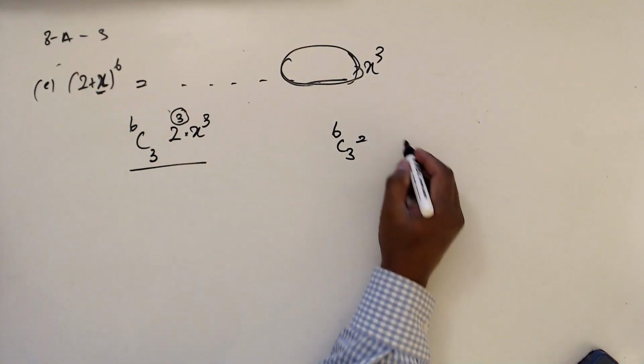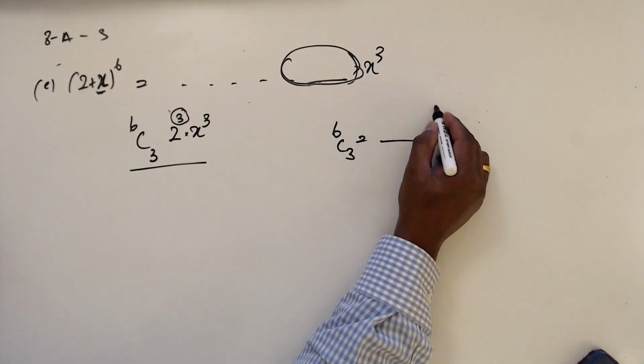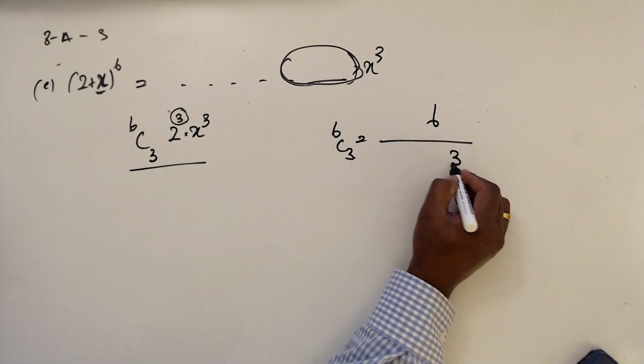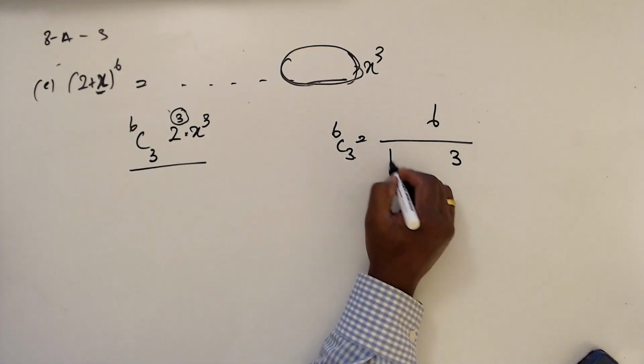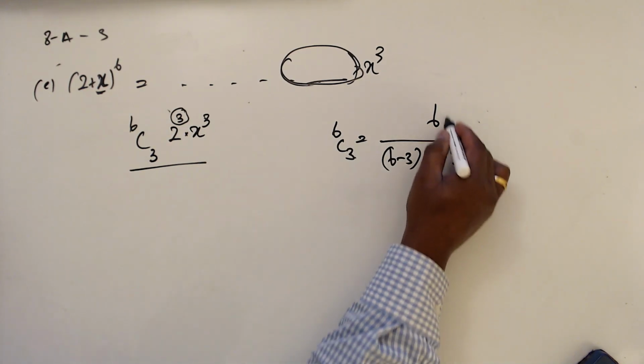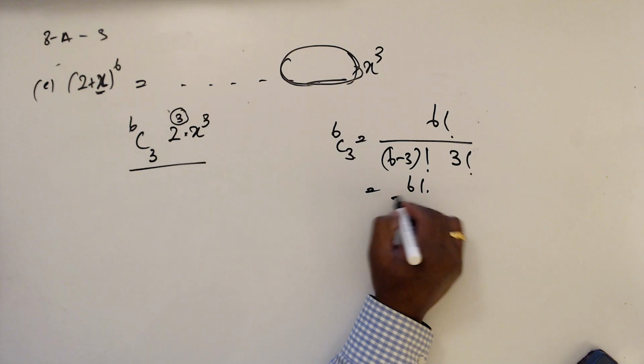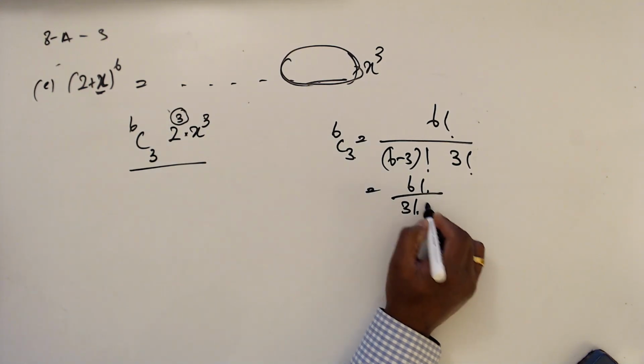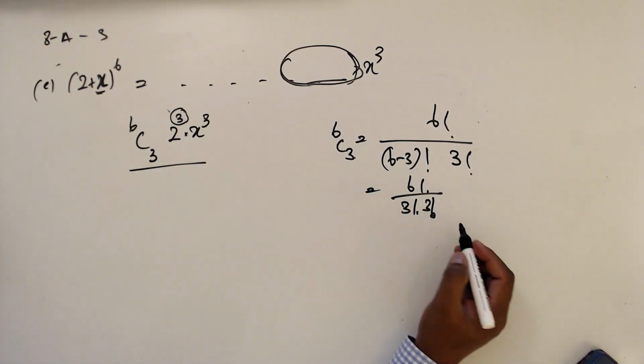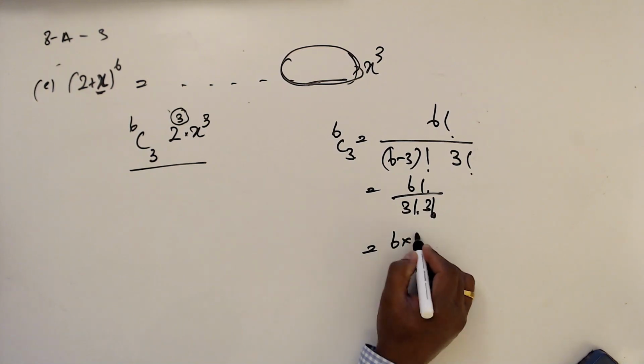How do you find 6c3? 6 goes up, 3 goes to the denominator. Then the difference of those two, 6 minus 3, and they are all factorials. So factorial 6 over factorial 3 factorial 3. Can you understand that?